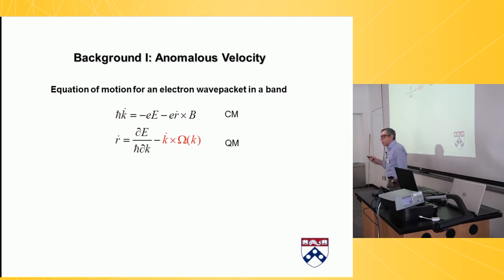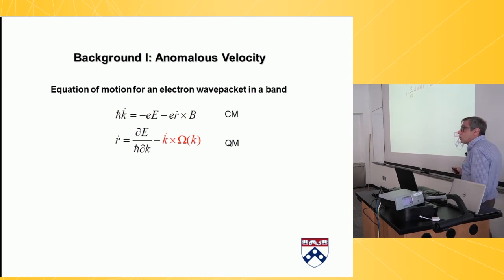Since the 30s, people know that you get backscattering on a lattice, and that will modify the dispersion relation. But the really interesting thing is the appearance of what's called the anomalous velocity, which is this last term here. It's a term which looks in the velocity like the dual to that magnetic deflection in the forcing term. Okay. And so that comes through this k-dot cross omega term, and this omega is a kind of curvature. We'll talk some more about this.